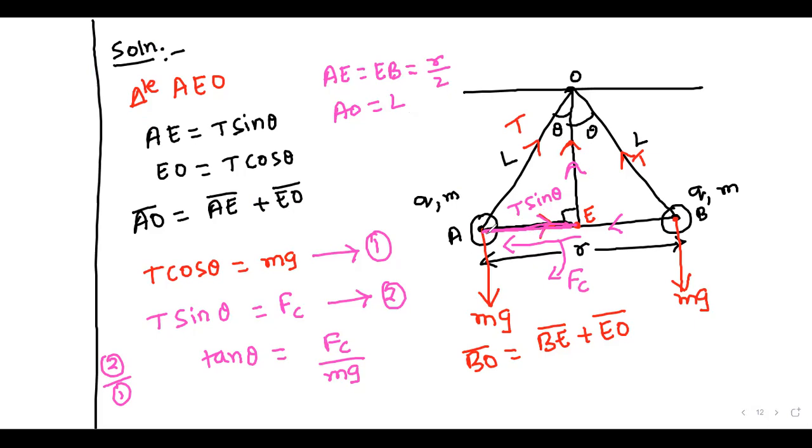Since r by 2 is the opposite side, I will consider sine theta. Sine theta equals r by 2 by L. So r by 2 equals L sine theta, so r is equal to 2L sine theta.